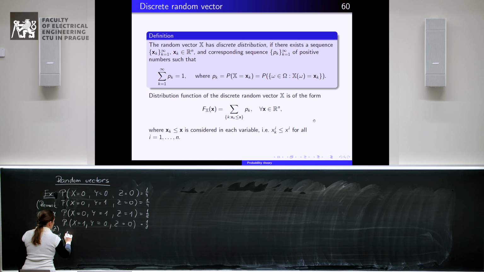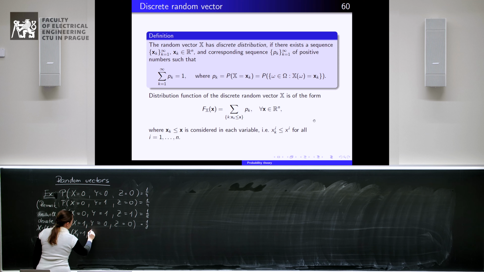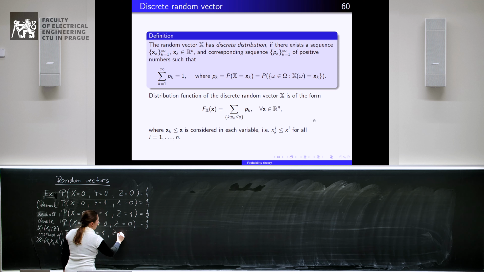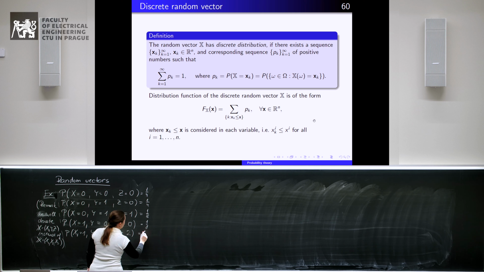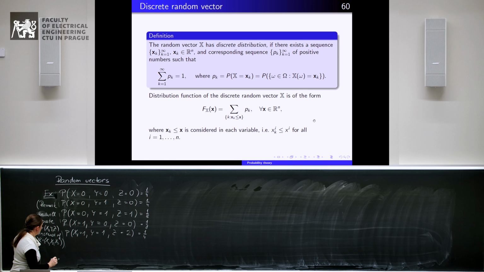And let's say the probability that X is equal to 1, Y is equal to 1, and Z is equal to 2 is 1/4.